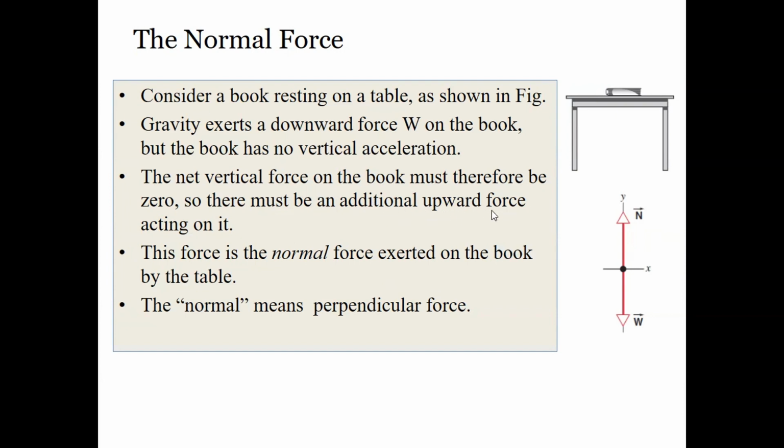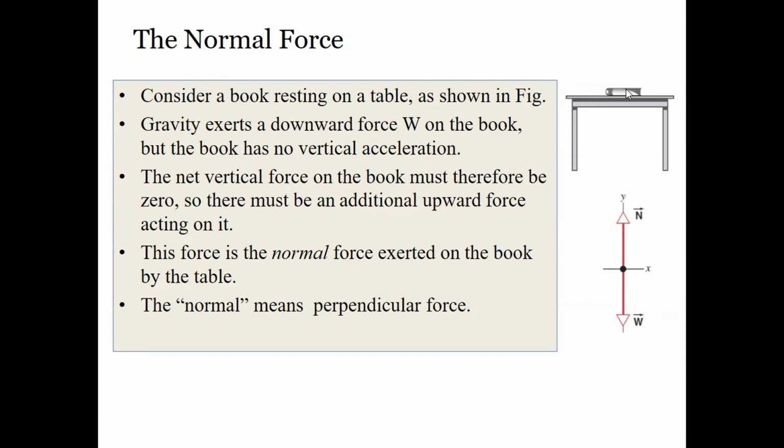Because there is an additional upward force acting on it, and this additional upward force is the normal reaction force exerted on the book by the table. So it is not the reaction of the earth, it is the reaction of the table. The table is not allowing this book to go down and get accelerated.